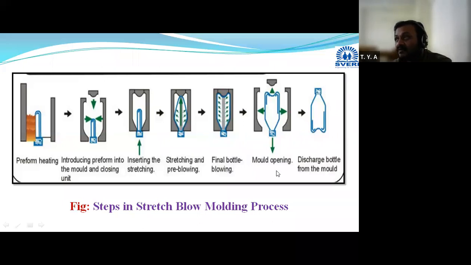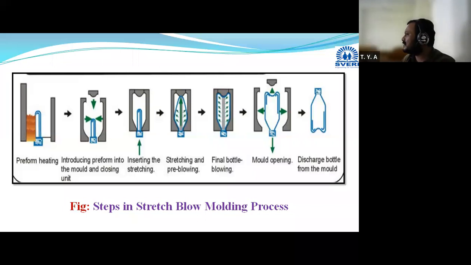Okay. Now all the types have small differences: injection blow molding, extrusion blow molding, and stretch blow molding process. Depending on the word, stretch or injection or extrusion, the initial difference will be there. You can easily find that the difference in all three types is in the initial process. Initially, the Parison is prepared with an injection molding operation.